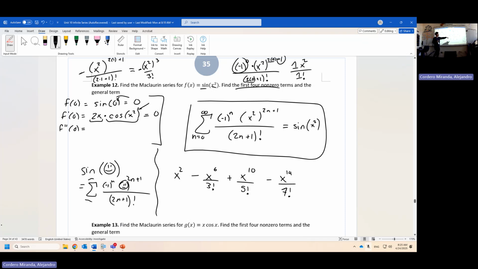All right, and then the general term would be this, so you could just write plus dot dot dot plus. Here's us just making sure, if they wanted us to rewrite it again, we did it. Here's the general term they're talking about.